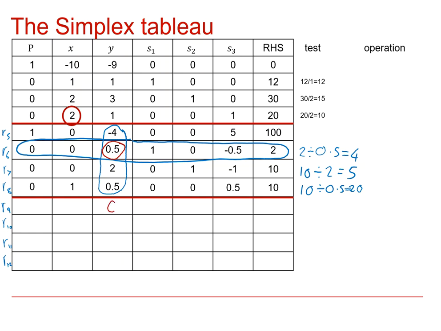So I want this column to look like this: 0, 1, 0, 0. And I need to choose my row operations in order to make that happen. Now remember, the pivot row is special. The pivot row we do by just changing the pivot row itself. So we multiply the pivot row through by something.